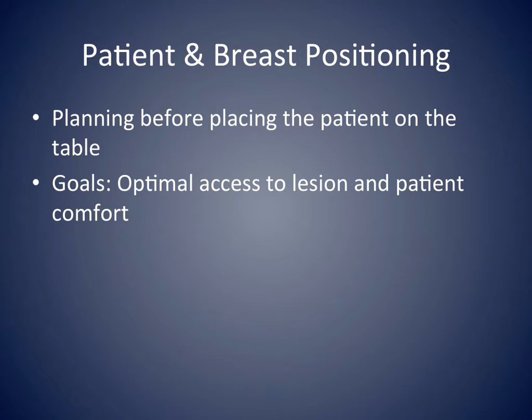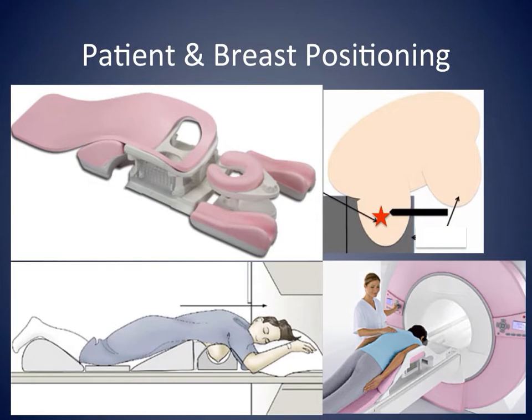Patient and breast positioning should be planned before placing the patient on the table. The goal is to achieve optimal access to the target lesion while the patient is as comfortable as possible throughout the procedure. The padding covering the coil shown here may need to be modified, either increased on one or both sides or decreased or removed, depending on patient's habitus and lesion location.